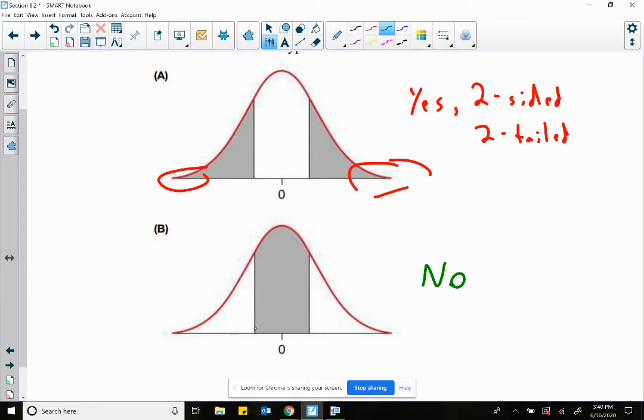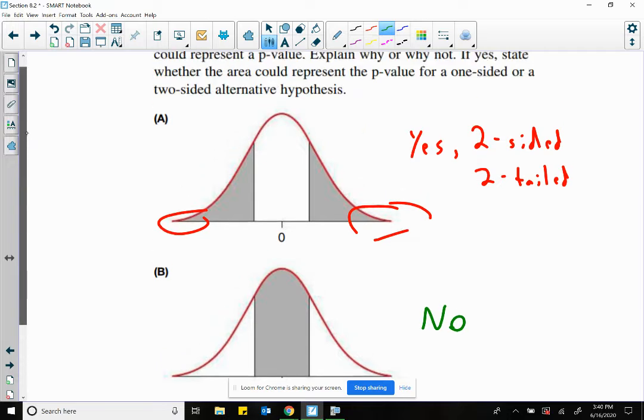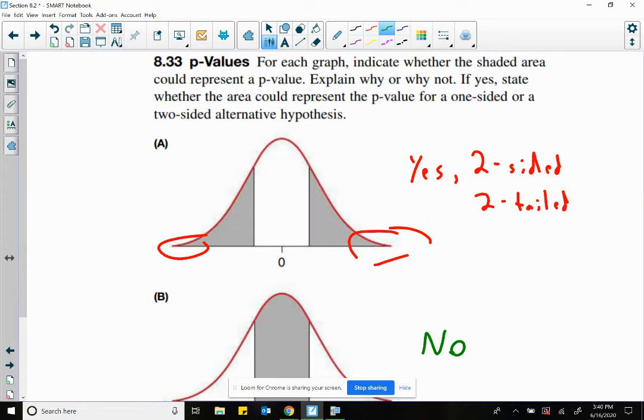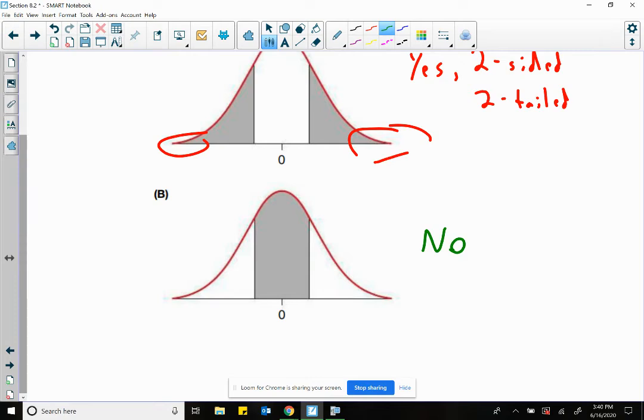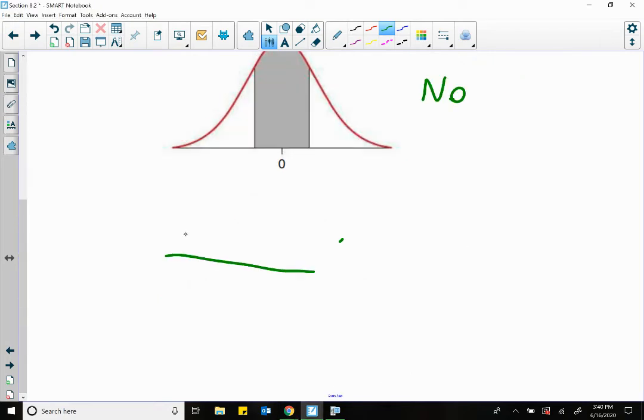You will never be stuck between two of these. We call these hypothesis tests, and sometimes you'll hear me ask, what kind of shading is this? Is it a one tail or two tail? Or one side or two side? Hypothesis test graphs either look like this, or they look like a one-sided.